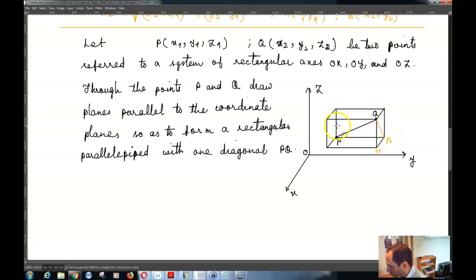As you know, in a parallelepiped, all of these lines are mutually perpendicular. So this angle over here is a 90-degree angle. And moreover, this triangle is also a right triangle, because this angle is a 90-degree angle.